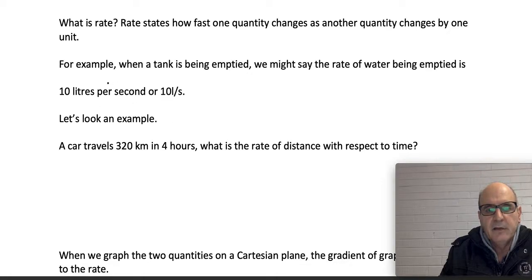And the other one is the time, which is in seconds. As you can see, second has no number, which means 1 second. So we write it 10 liters per second. Liter is 10, but second is just 1. So for each second we have 10 liters of water being emptied.